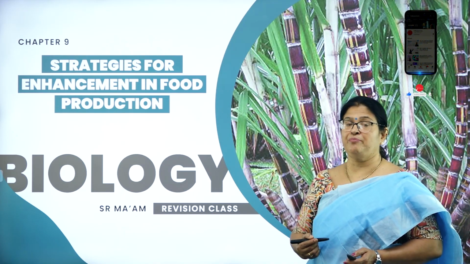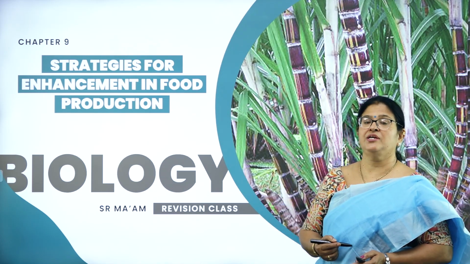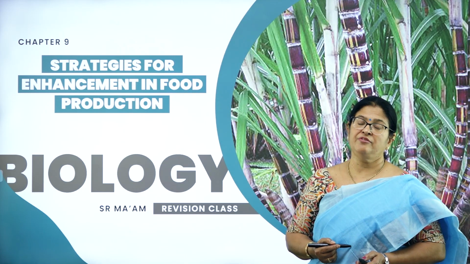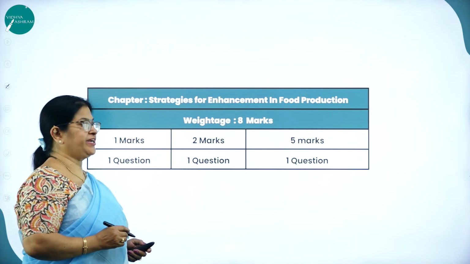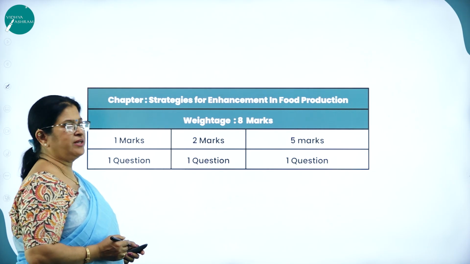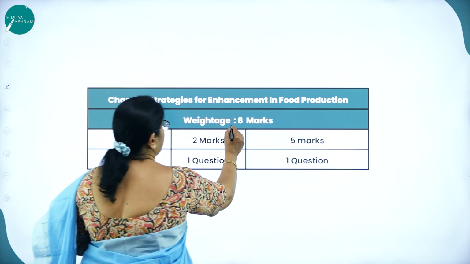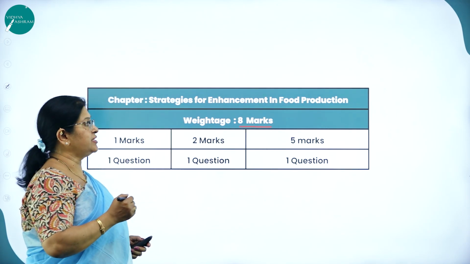That is very important from the examination point of view. Moving on to the chapter weightage for Strategies for Enhancement in Food Production: the weightage of marks is 8 marks. What is the distribution of the 8 marks?